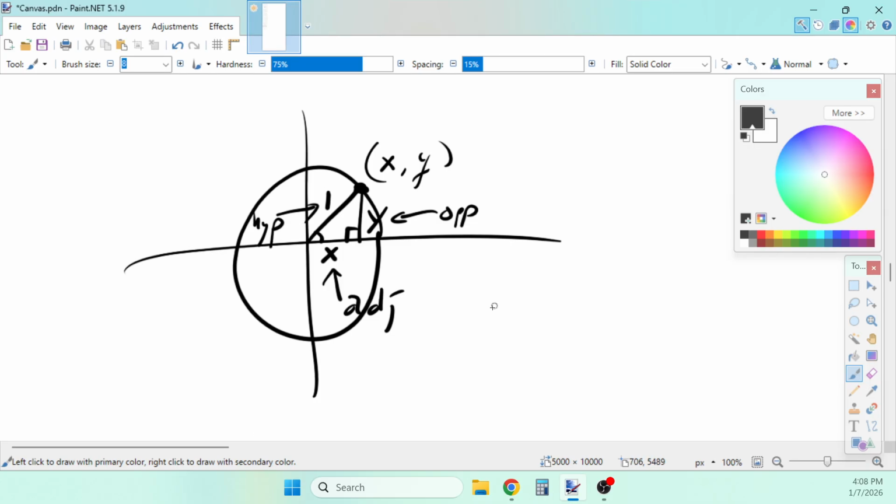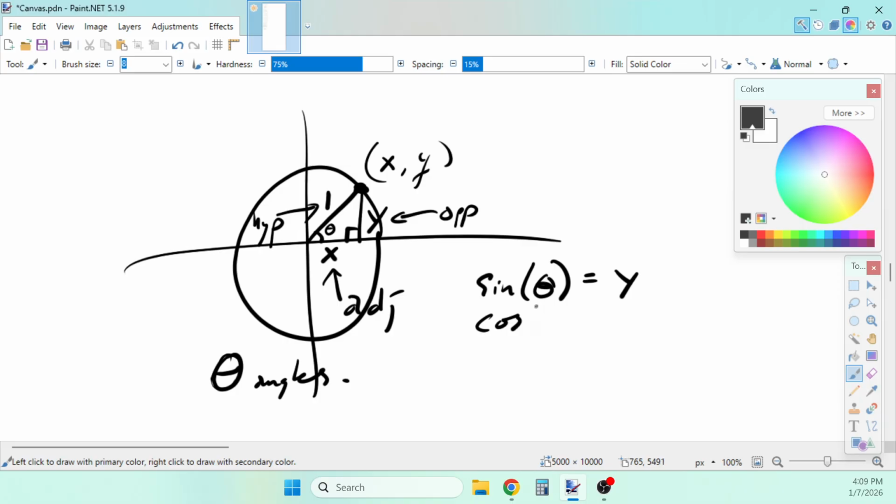Which means that we can do all of our trig functions where sine of whatever that angle is, we'll use theta as our variable because x is already being used. We'll have to use something else. And theta is a traditional Greek letter that's used to represent angles. Okay, so sine of theta, theta is whatever angle this is here, is the opposite over the hypotenuse. But the hypotenuse is 1 and the opposite is y, so this equals y.